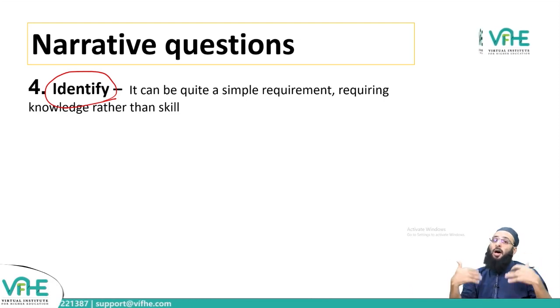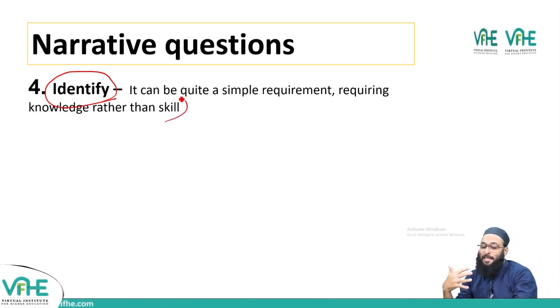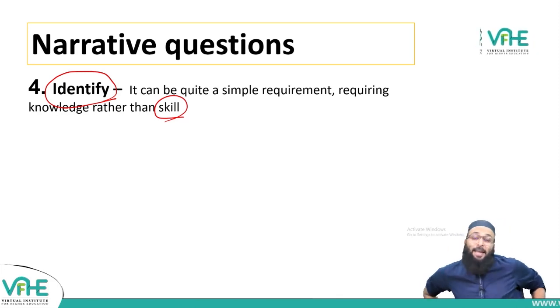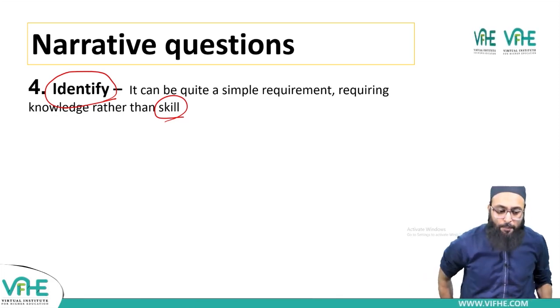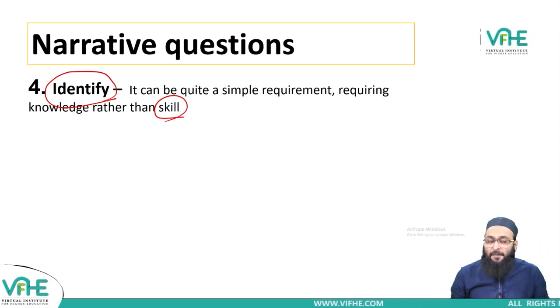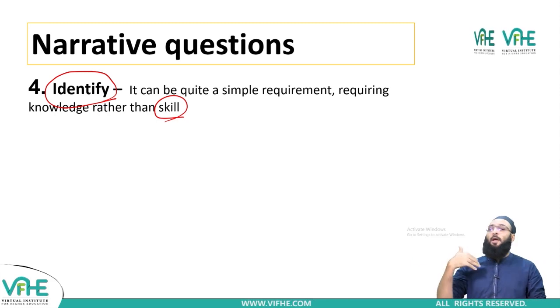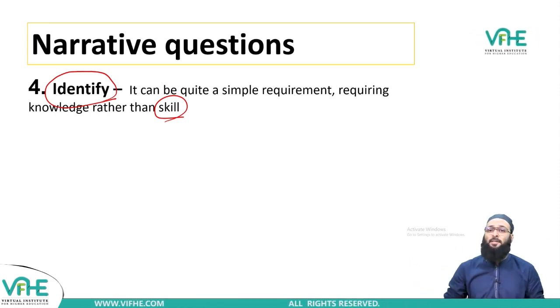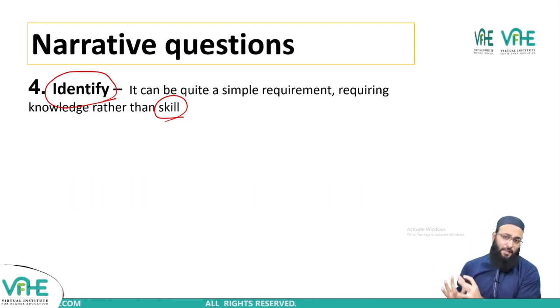So it is more a knowledge-based thing rather than a skill, okay? But if a question says identify and explain the relationship between price and demand, you will first identify the relationship, that is, the relationship between price and demand is an inverse one. That's the identification.